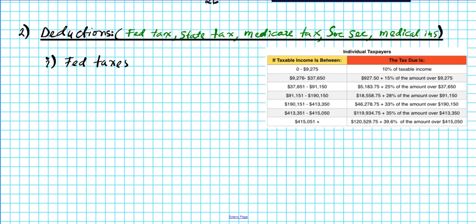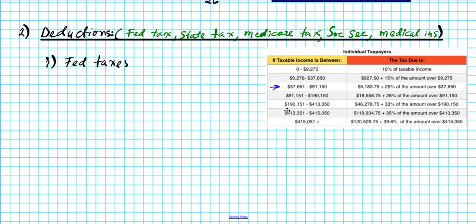Okay, so I'd like you to direct your attention to the first column that shows you the interval of incomes that could determine what bracket an earner falls. Since she earns 74,000, she falls in between 37,651 and 91,150. So she falls in the third bracket right here.